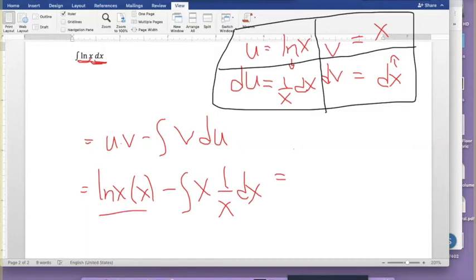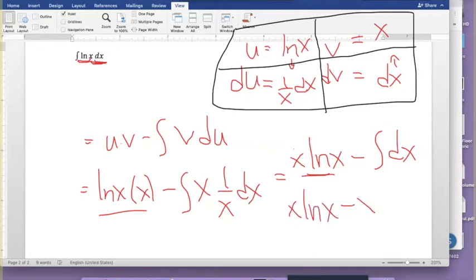I'm going to write this as x times the ln of x minus the integral dx. And next step, this x ln x is just going to bide its time. There's nothing more we do with that. So we've got x times the ln of x minus x plus c.